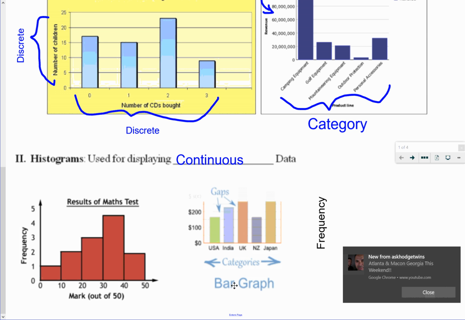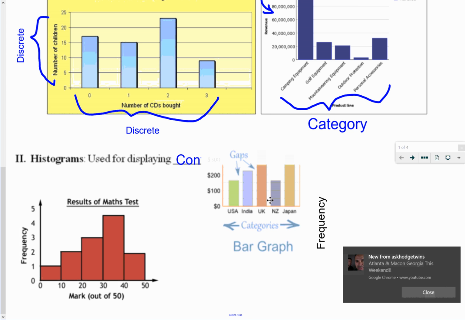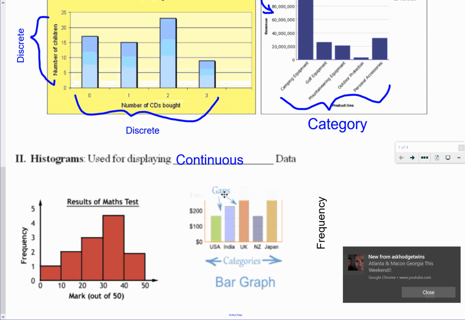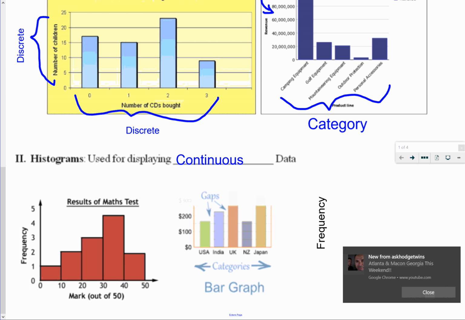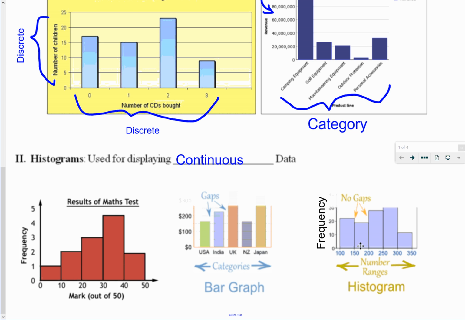Now, when we have a bar graph, as you see here, you'll notice that there are gaps between each of the categories that are labeled along the x-axis. When we talk about this graph here, we have no gaps between each of the columns.